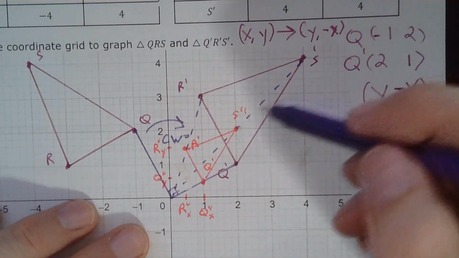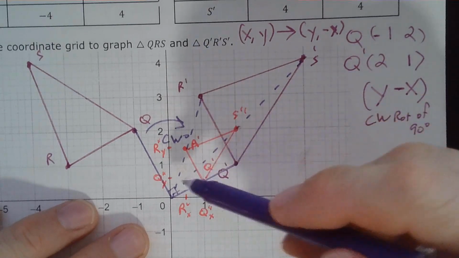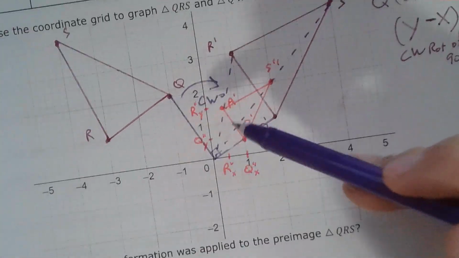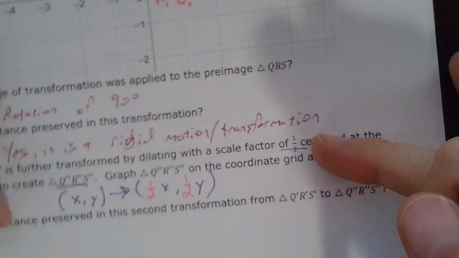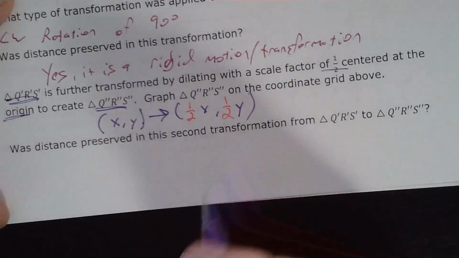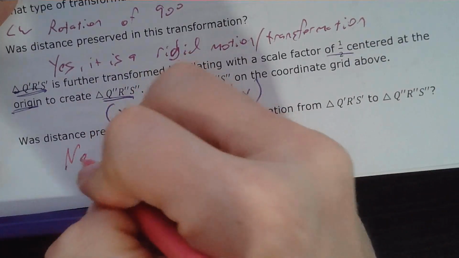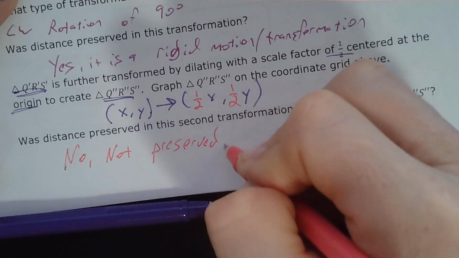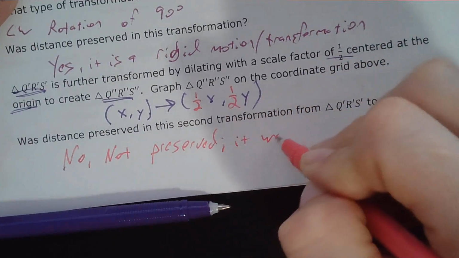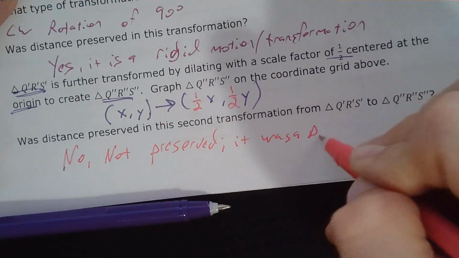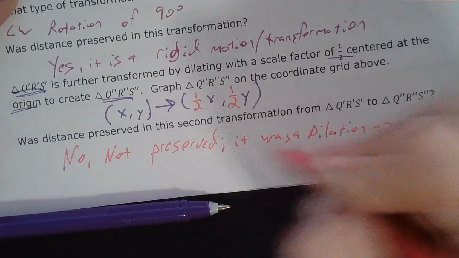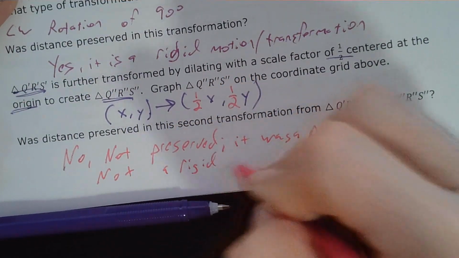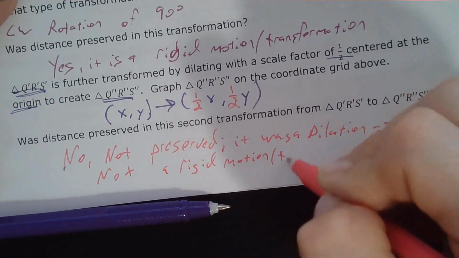So I know that I did it right. After my dilation, you can see that distance was not preserved. It was a dilation, therefore not a rigid transformation.